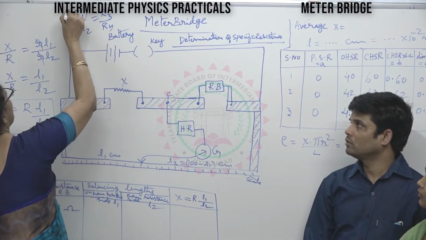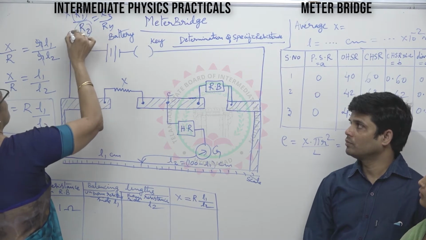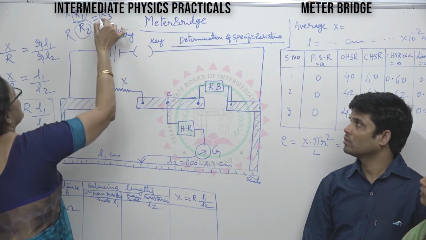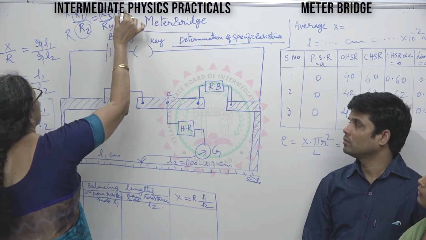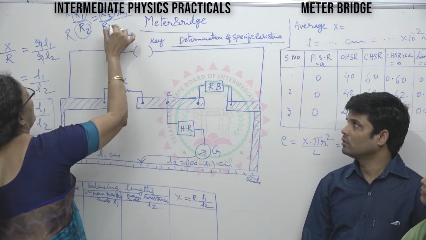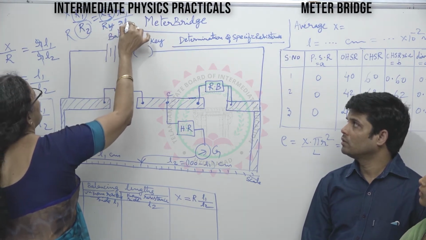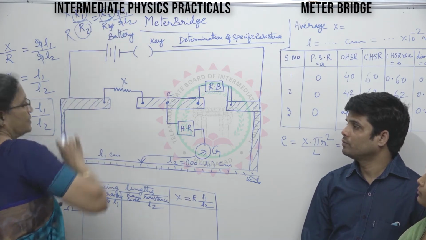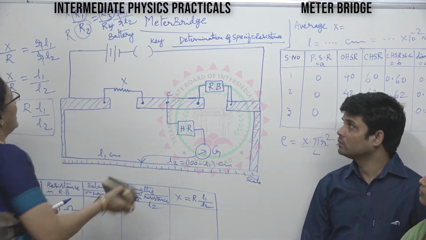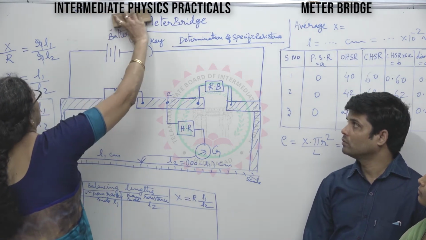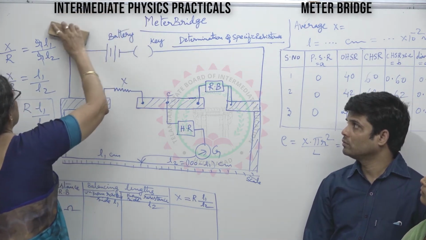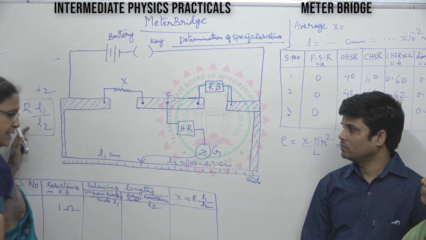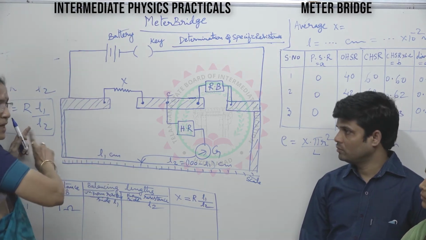Here I have written X. In place of R2, I have written R. And in place of R3, I am writing it as RL1. Instead of R4, I am writing it as RL2. R cancels. So this becomes X is equal to RL1 by L2. That is how you got that formula. So here X is equal to RL1 by L2.